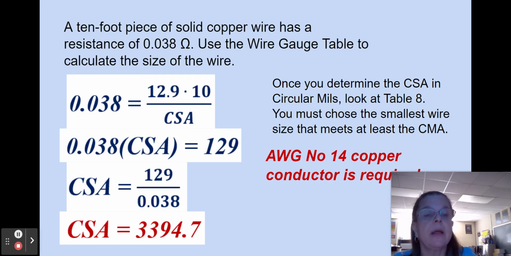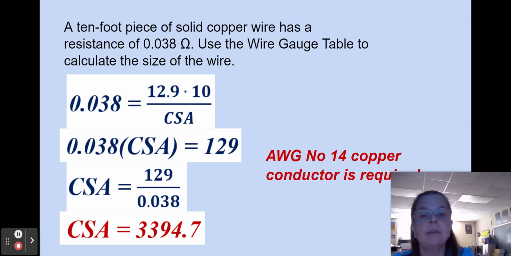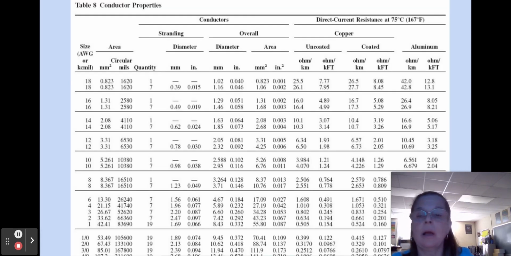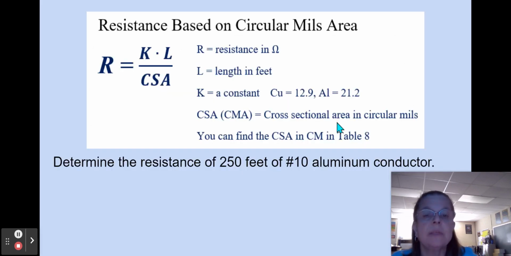How did I get that? I'm looking for a cross-sectional area of at least 3,394. Too small, a little bit bigger, gives me size 14. That's where the size 14 comes from.